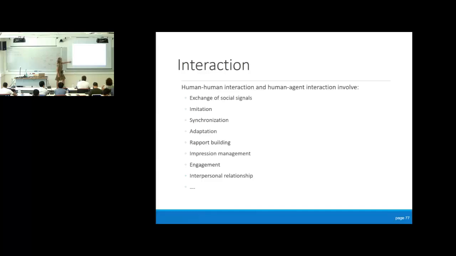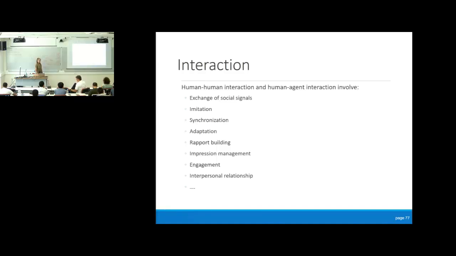And what we find is that in interactions, there's a lot of exchange of social signals, some imitations, synchronization of behaviors, adaptation, and this adaptation, imitation, allows to have rapport building, it allows to manage impressions, fosters engagement, and also provides information and manages interpersonal relationships.